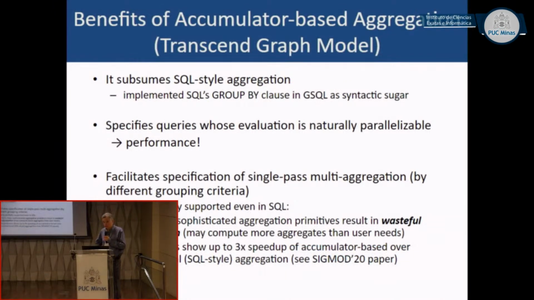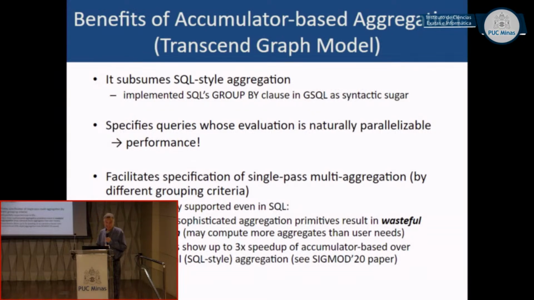There are benefits to aggregating in this accumulator-based way that transcend the graph model. This subsumes SQL aggregation. As a matter of fact, SQL's group bys were implemented in TigerGraph as syntactic sugar using these accumulators. You can specify queries that are naturally parallelizable.